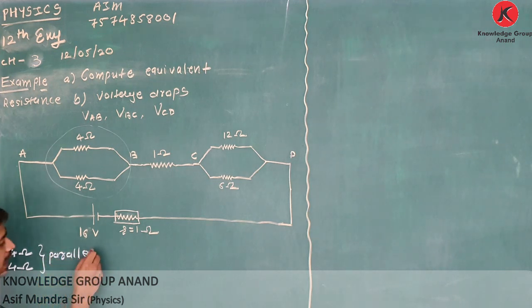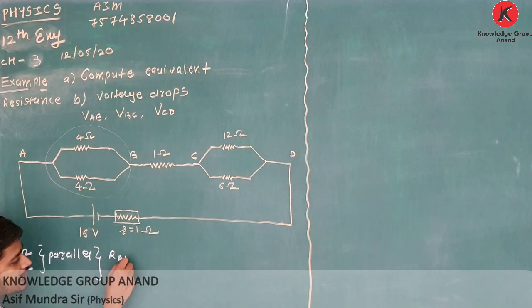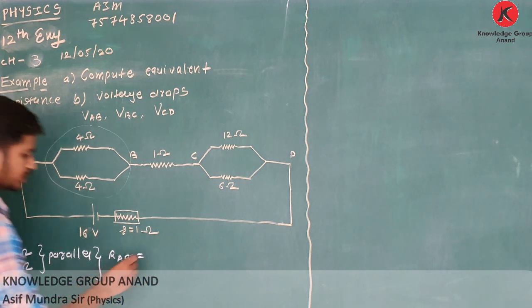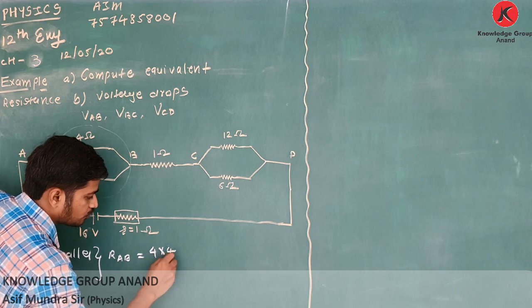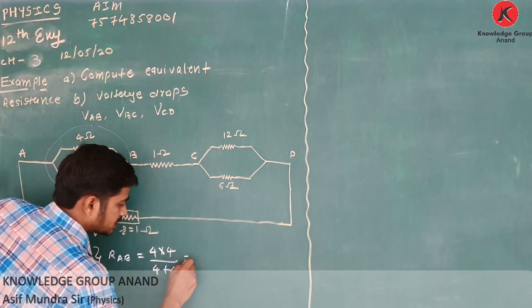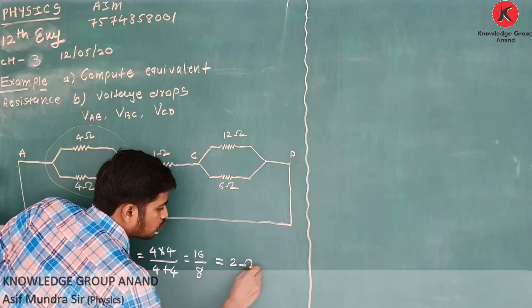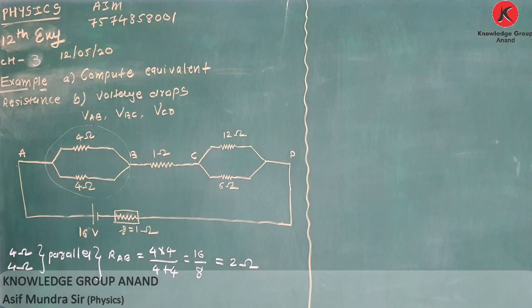So what is their equivalent resistance, RAB? It is 4 into 4 divided by 4 plus 4, which is 16 upon 8, equal to 2. So resistance between A and B is equal to 2 ohm.